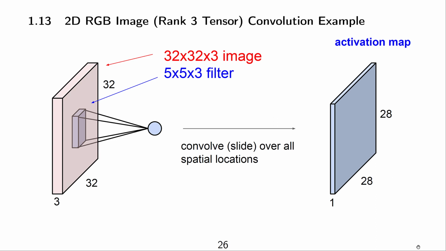Next, we want to extend to convolutions on rank 3 tensors, for example, 2D RGB images. What you see here to the left is a red, green, blue image of resolution 32 times 32, and it has 3 channels, depth equals 3. To convolve an image with a filter, we now have multiple design choices to pick from.